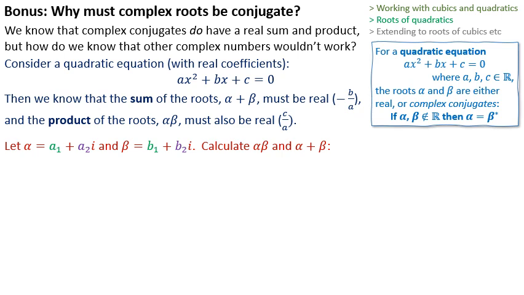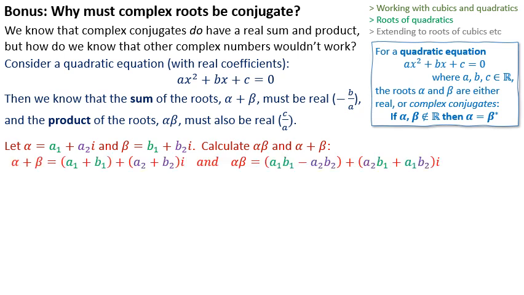So that's going to be fine. If alpha and beta turn out to be real numbers, then that's not a problem for us. We'll just get the imaginary components, A2 and B2, dropping out and becoming 0. If, on the other hand, they end up being complex conjugates, I'm expecting that A1 and B1 will have to be the same, and that A2 and B2 will have to be the negatives of one another.